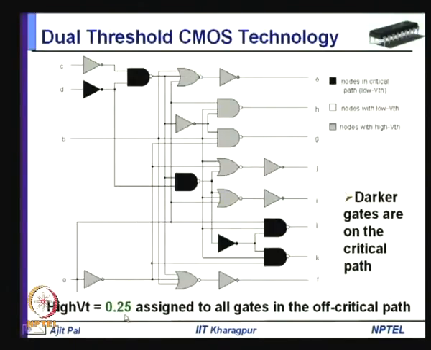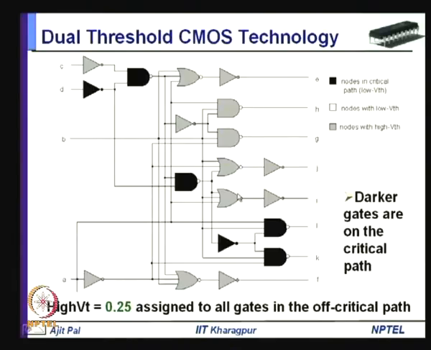As a consequence, the delay of the gates on the non-critical path is slightly higher than the delay of the gates on the critical path, and all these gates you can assign high VTH. By that I mean, you can realize them by using transistors of high VTH, and for none of the non-critical paths will the critical path delay be exceeded. So, as long as the delay of the critical path is not exceeded, you can use high VTH, and so all the gates, as you can see, you can assign high VTH.